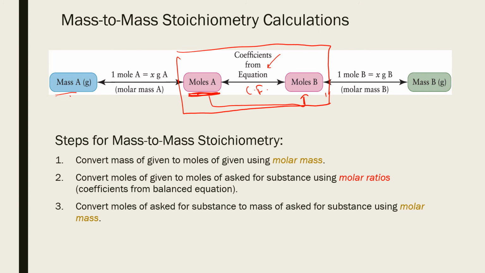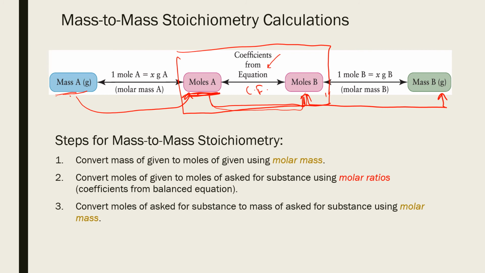As soon as you convert mass to moles, you can apply the stoichiometric calculation and convert to moles of product, and then moles of product can also be converted to mass of product B, because we know how to convert moles to mass.